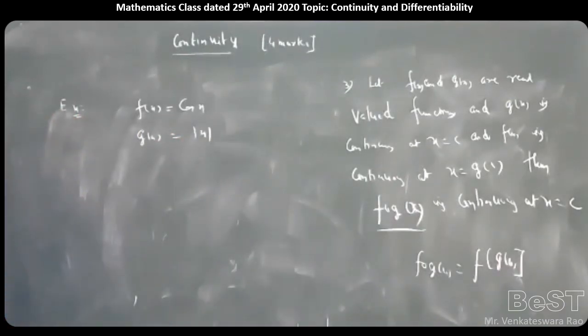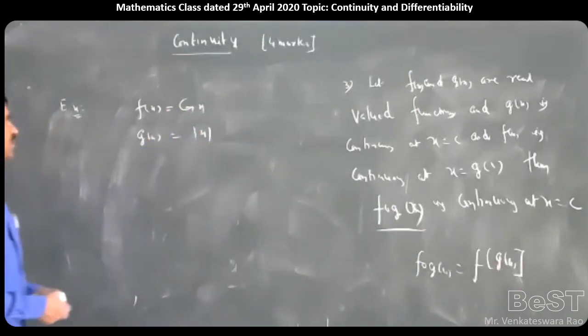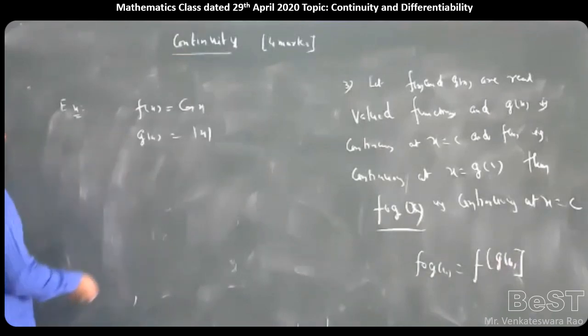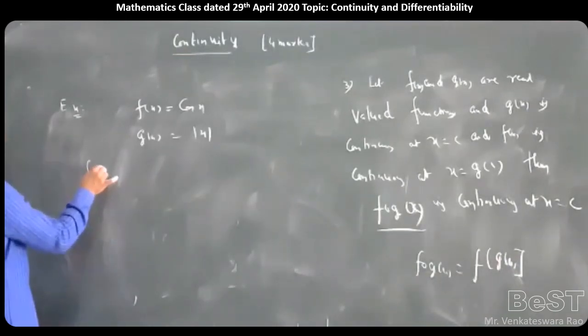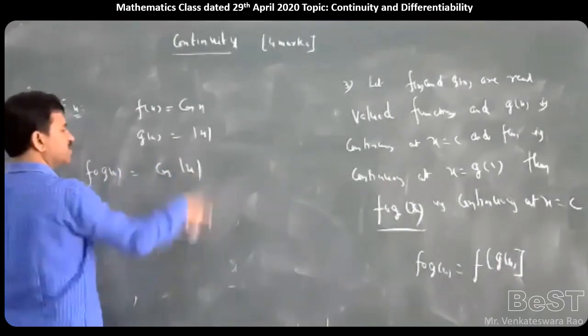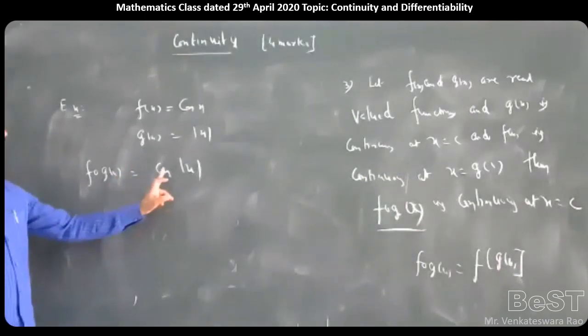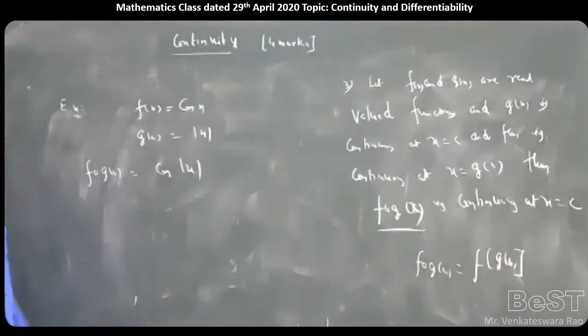Cos x is continuous on R, mod x is continuous on R. So no problem, this is good. Then I am defining f circle g of x as cos of mod x, that is f of g of x.